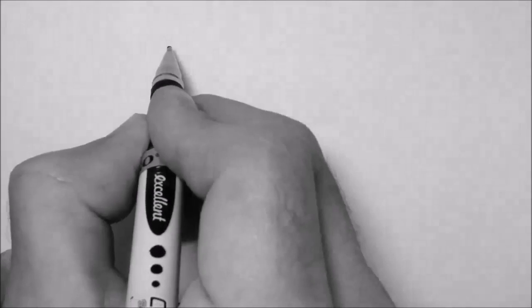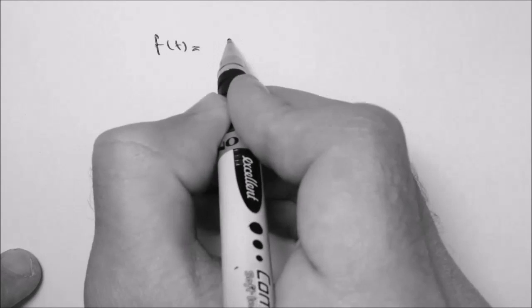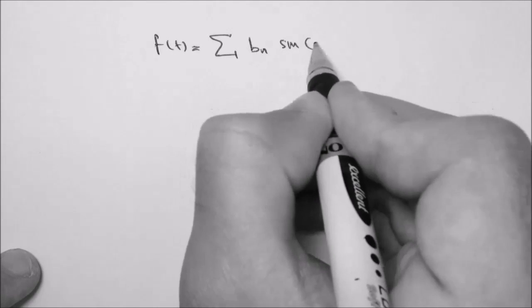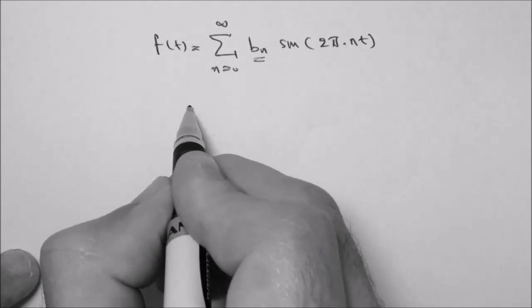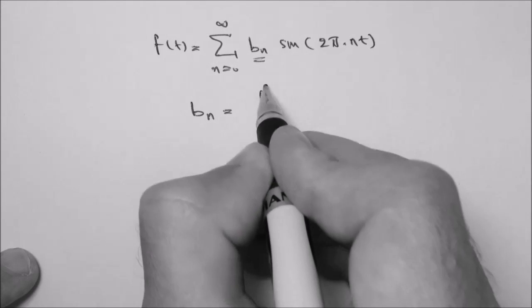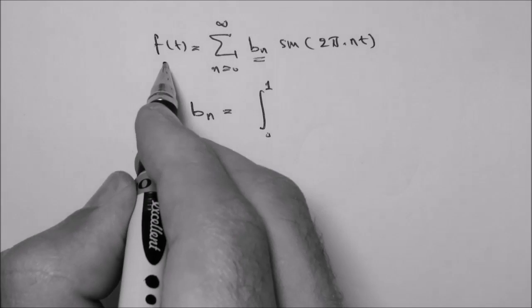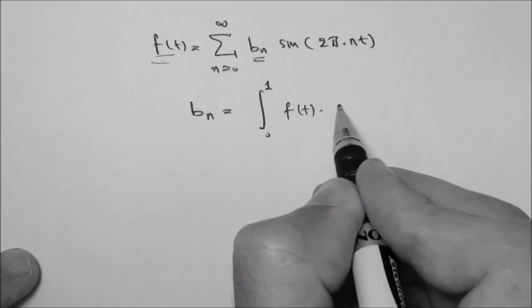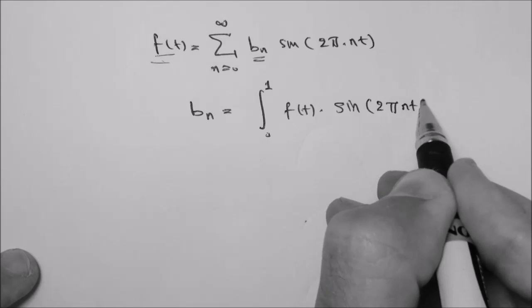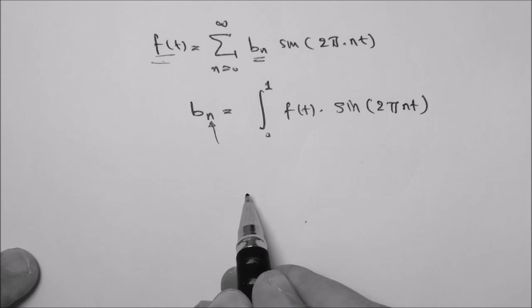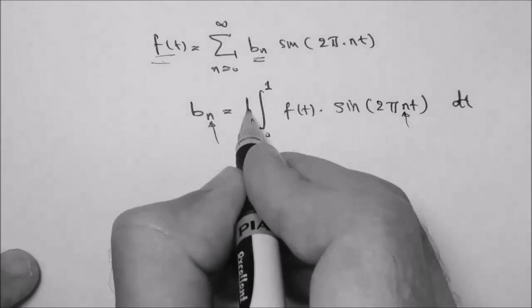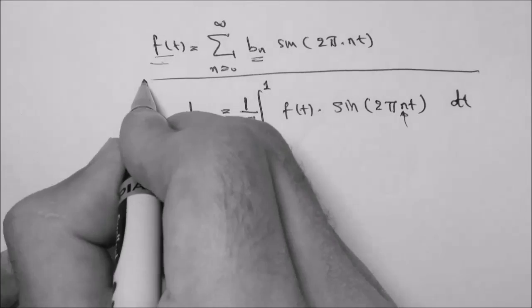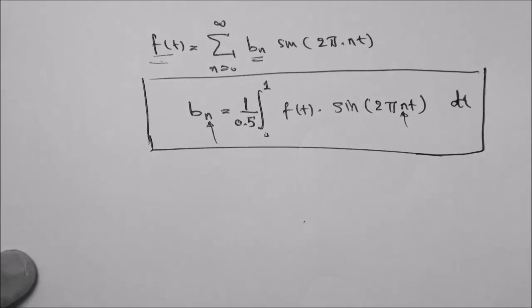So to generalize the idea, we say when f of t equals summation bn sine 2 pi nt from n equals 0 to infinity, to find bn, you need to find this integration from 0 to 1, which is the period of f of t, for f of t times sine 2 pi nt dt. When you find the first component, the fundamental harmonic, put n equals 1, and so on. And when you find the result of this integration, divide the result by 0.5.